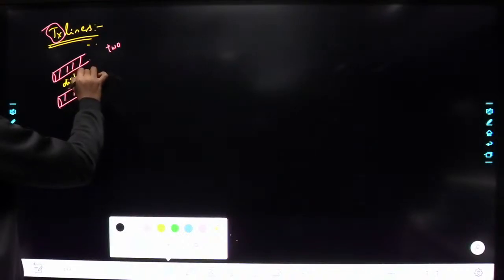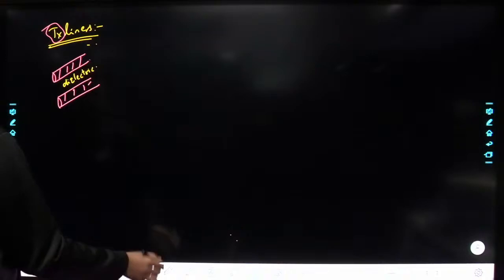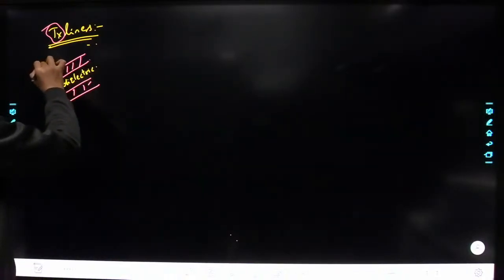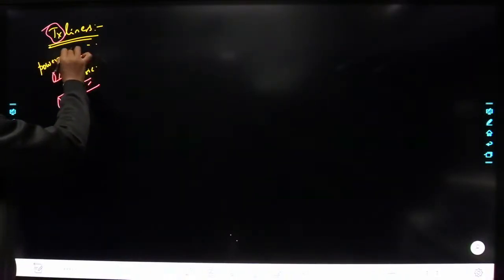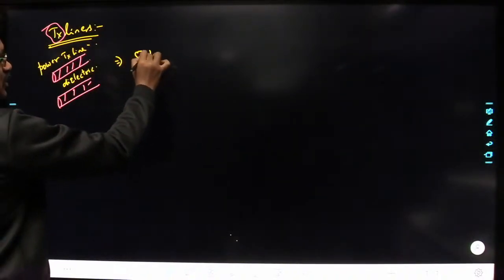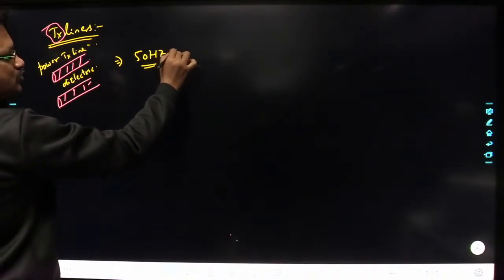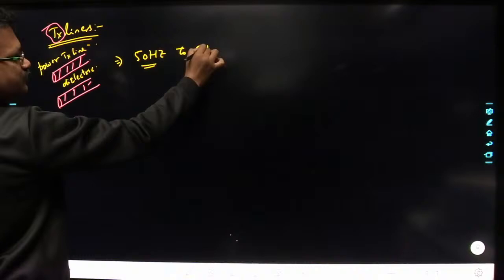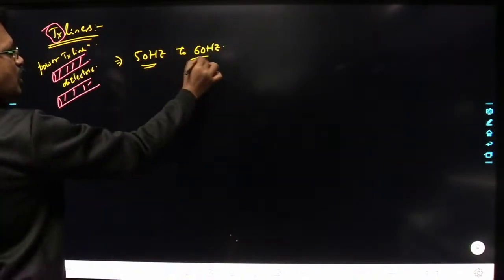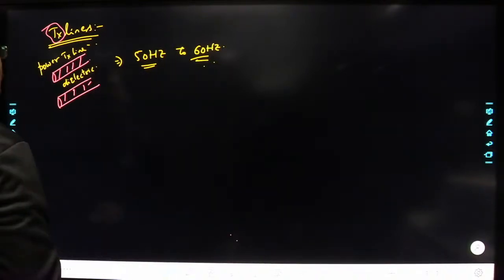This is a power transmission line, which is operated at low frequencies, that is around 50 Hz to 60 Hz. So under this frequency range it is used at low frequencies.